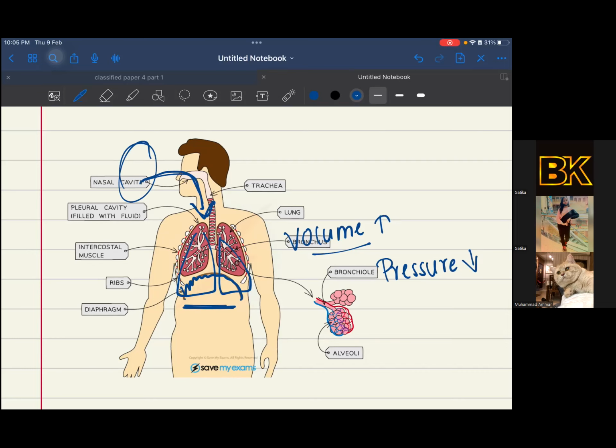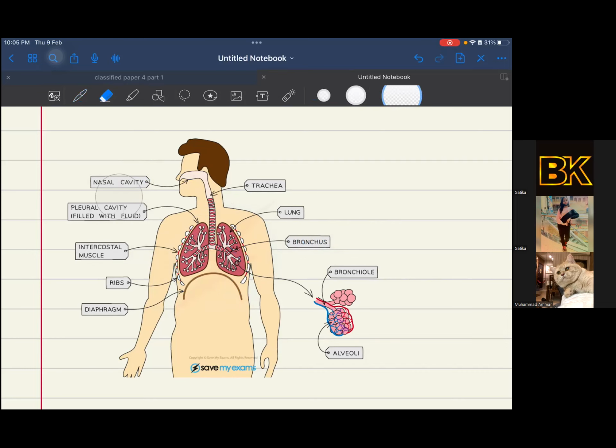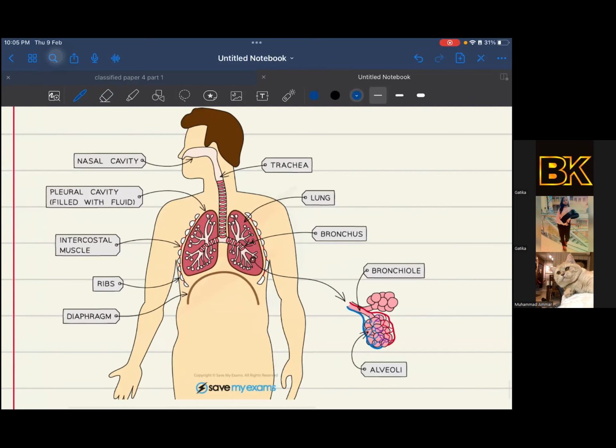Understood the first part? Yep, fine. Okay, now going to the next one. What happens when the diaphragm relaxes? When the diaphragm relaxes, it will move upward into its dome shape. So this is relaxed in its dome shape. What happens to the volume? Will it increase or decrease? Volume will decrease and the pressure will increase, because the lungs will get contracted.